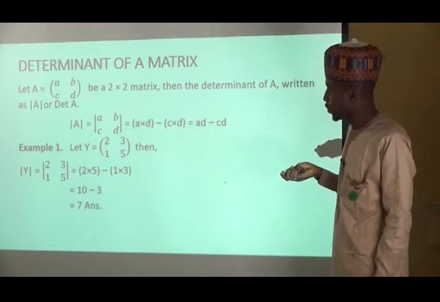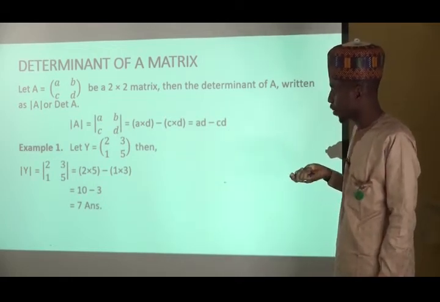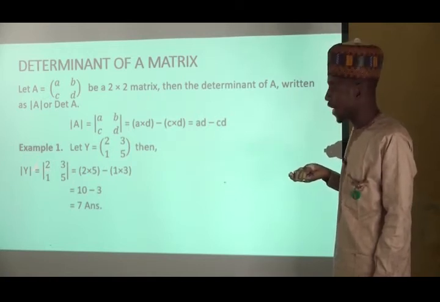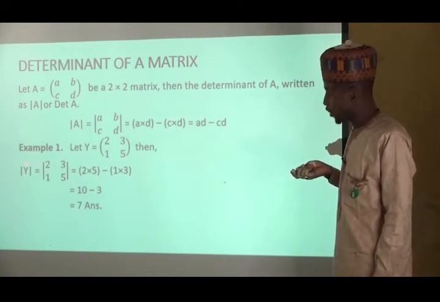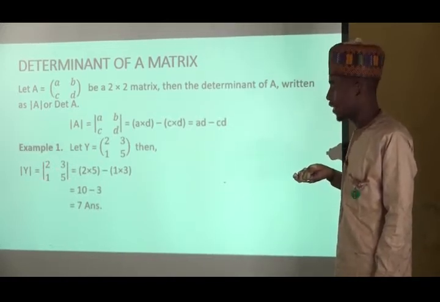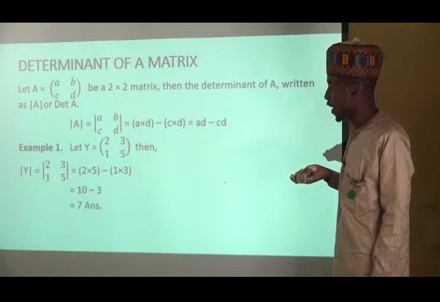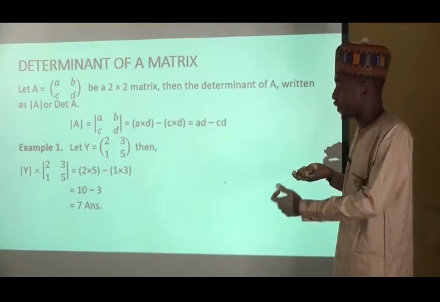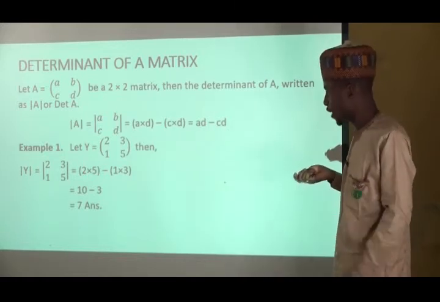Therefore, the determinant of the matrix 2, 3, 1, and 5: the first number in the first row, that is 2, we multiply by the second number in the second row, which is 5, then you have 2 times 5, then minus. This negative sign is for the evaluation of the determinant of a 2 by 2 matrix.